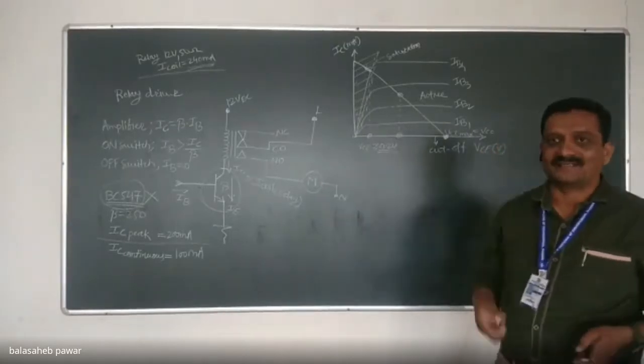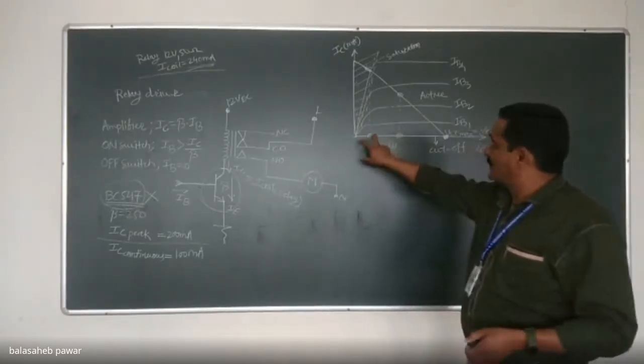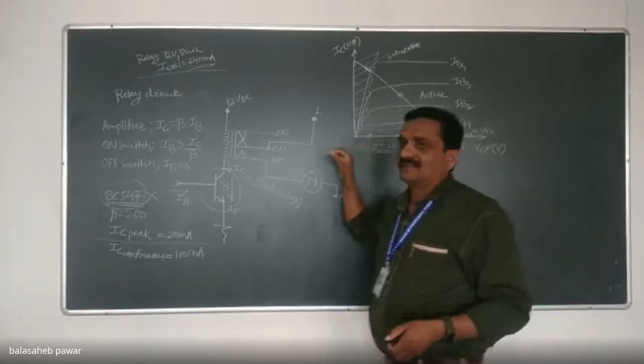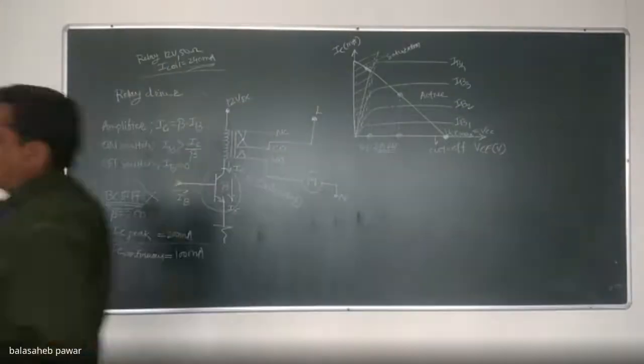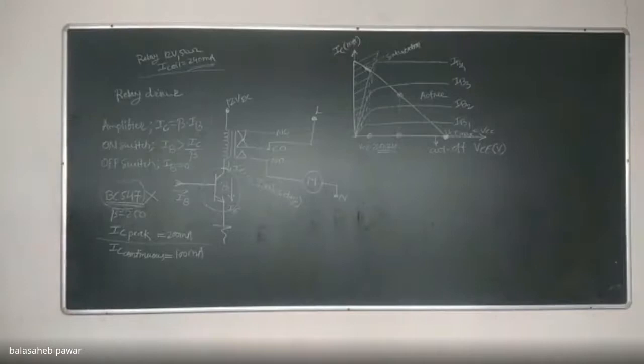The voltage across that transistor will be minimum. And looking at this output characteristic, it shows the same. That means when the transistor is closed, it will operate in the saturation region, and hence the voltage drop across it will be very, very small, as good as 0 volts, right?